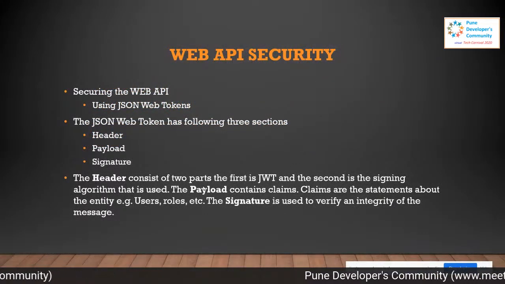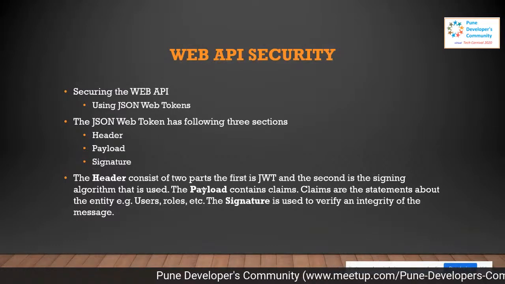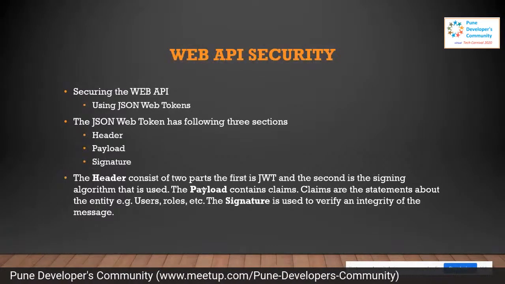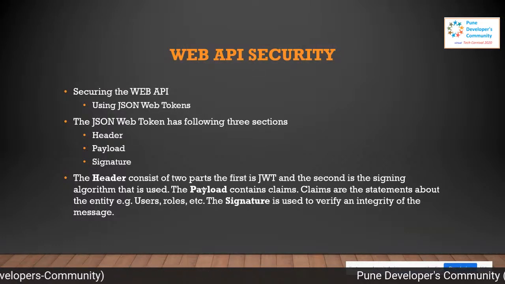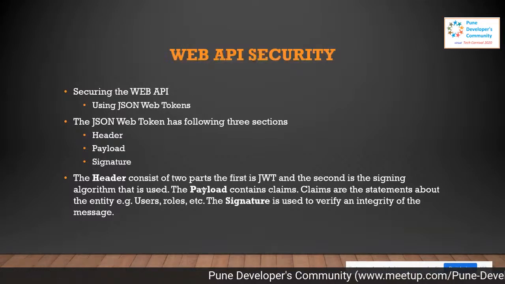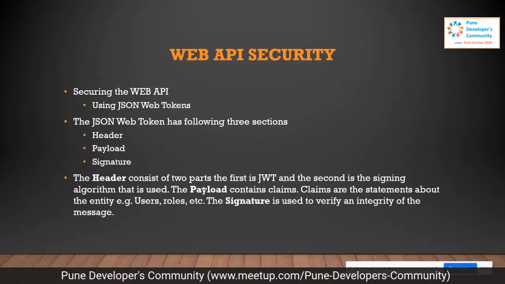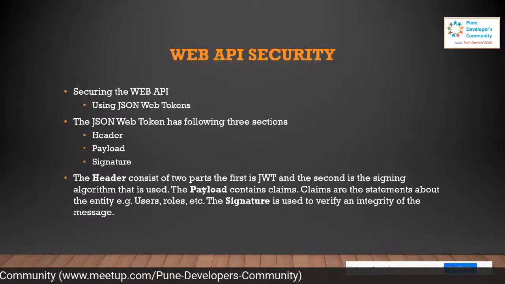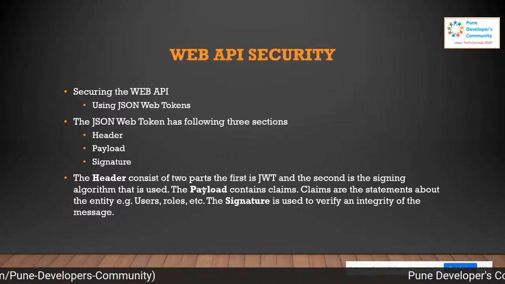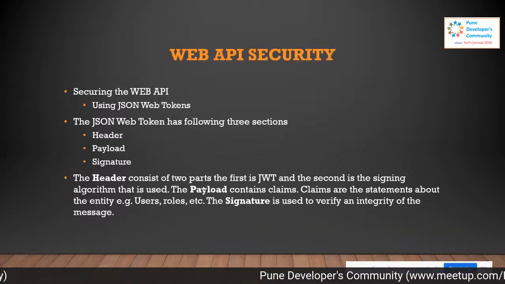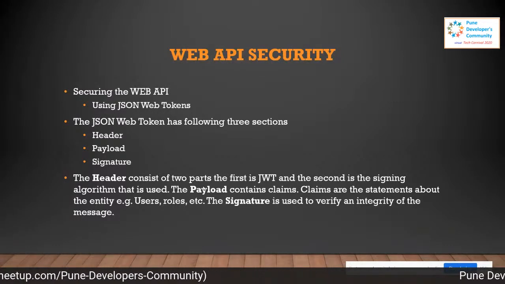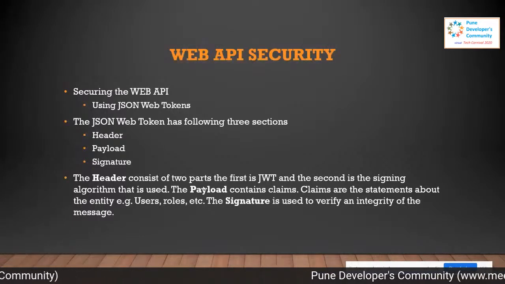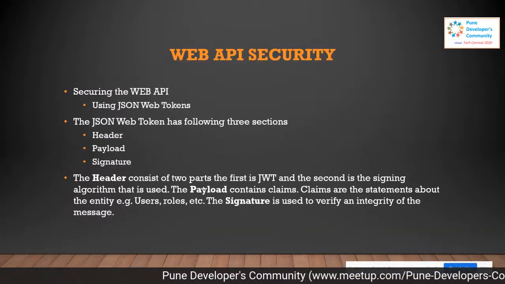As far as web APIs are concerned, we always give more importance to JSON Web Tokens, JWT. I hope that all of you have at least some conceptual knowledge about these JWTs. So what is this?